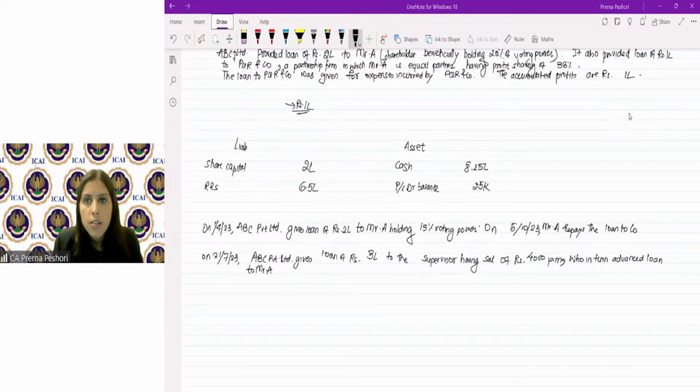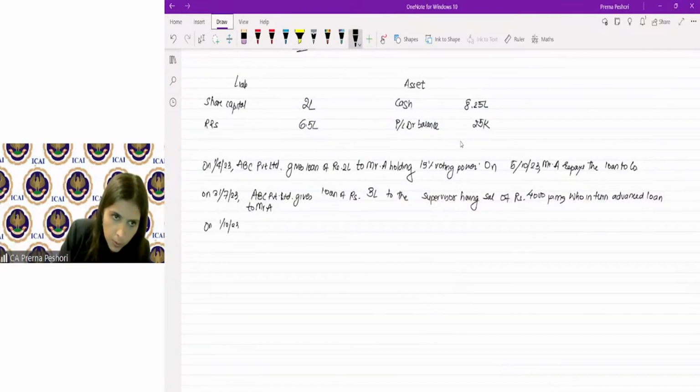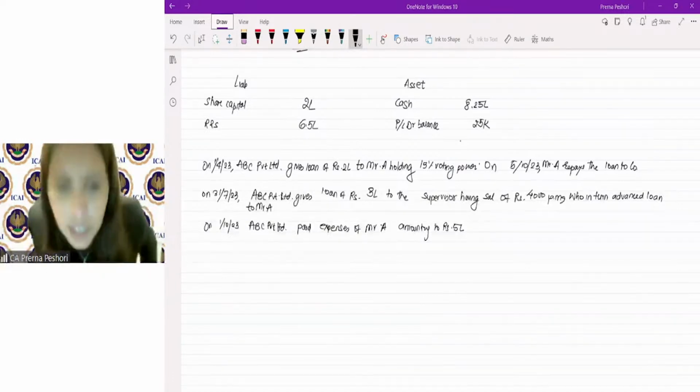Also write one more case scenario over here. On 1st October 23, ABC Private Limited paid expenses of Mr. A amounting to rupees 5 lakh. Yes. So what will be the taxability?